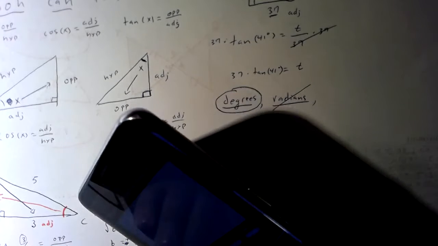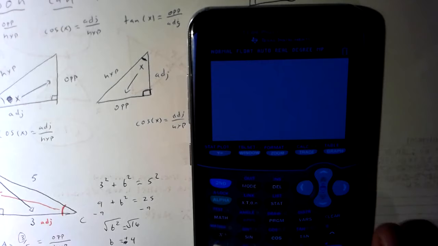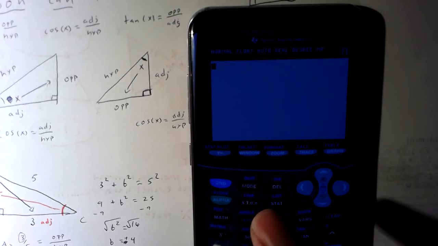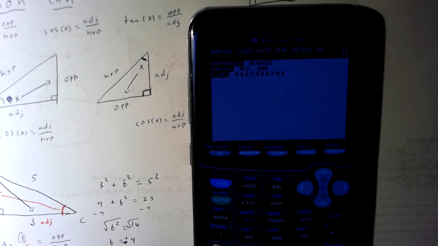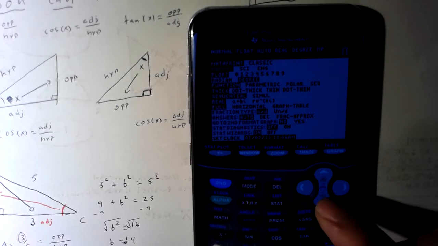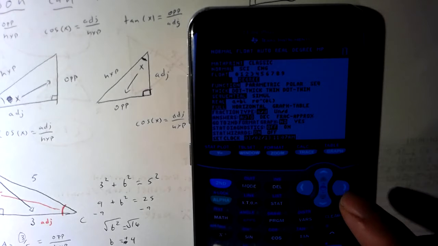We need to always check by going to the mode. So you click mode, and you go to the third row right here. And there it says radians or degrees.